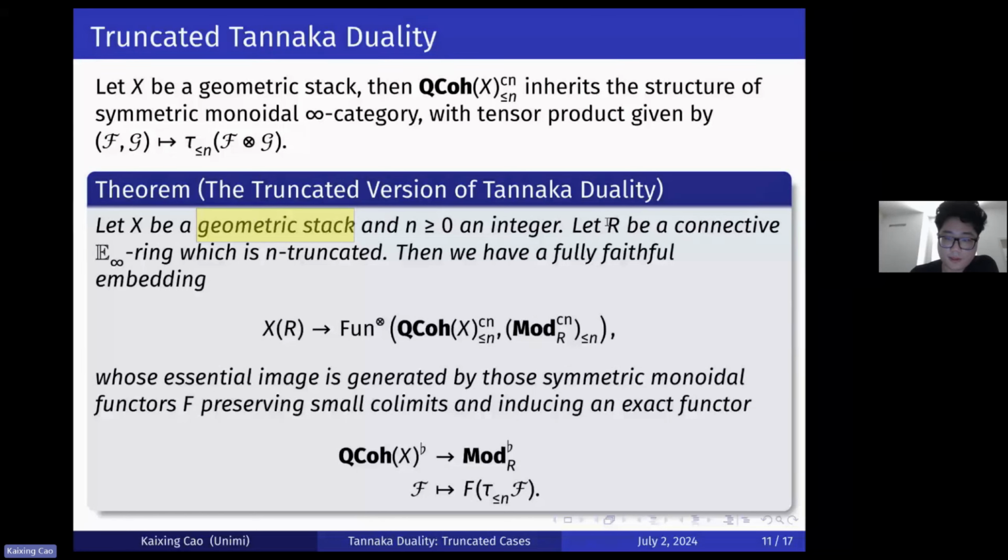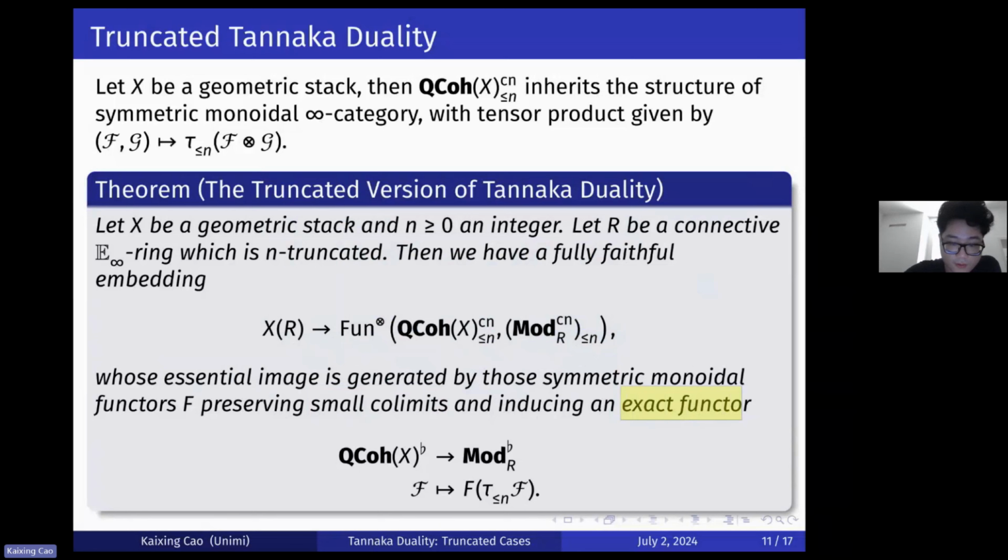So if we have R, it somehow corresponds to an affine space which is untruncated. Then the R point of X can be fully embedded into this functor category. And we can also describe its essential image, which is generated by symmetric monoidal functors preserving small colimits and inducing exact functors.